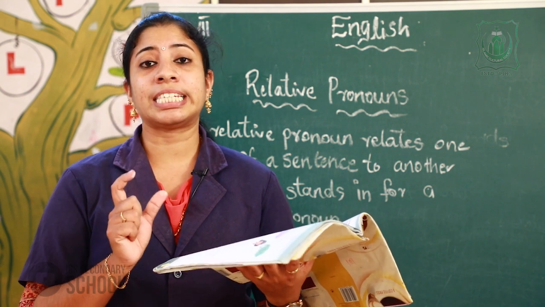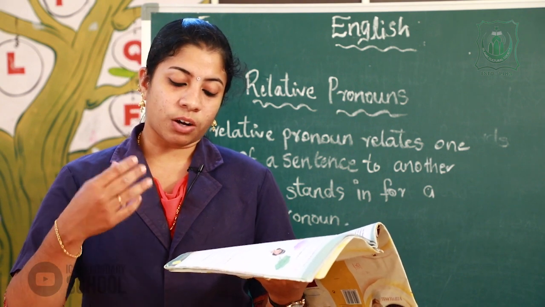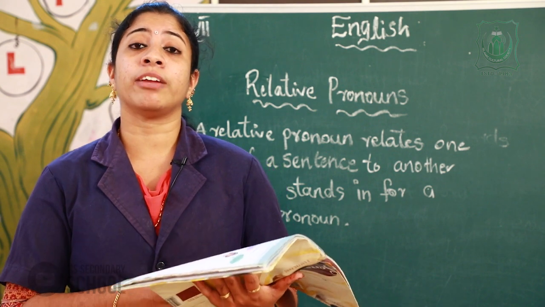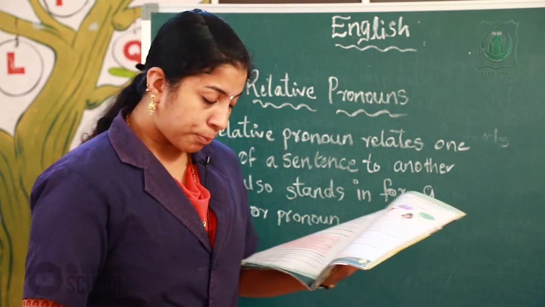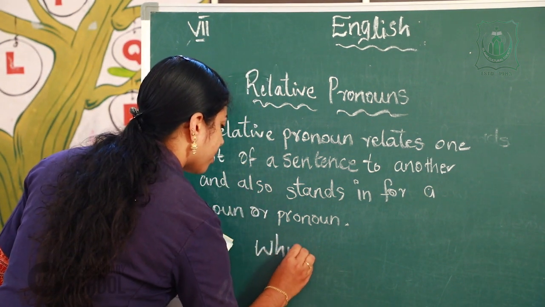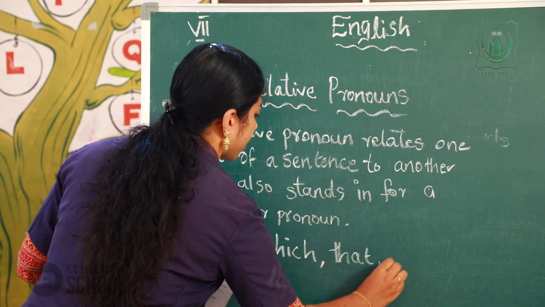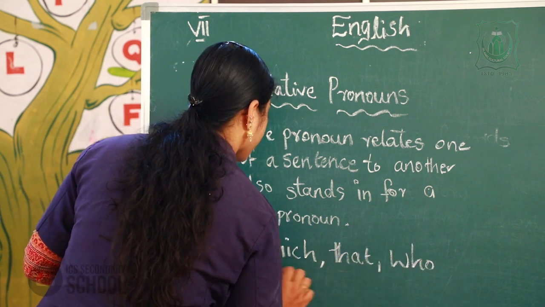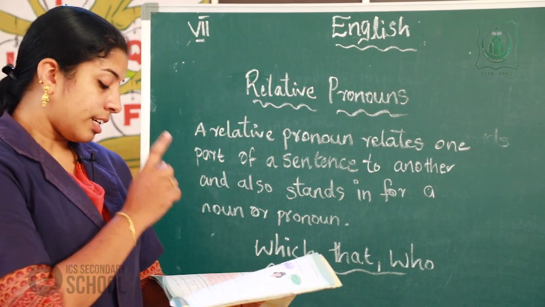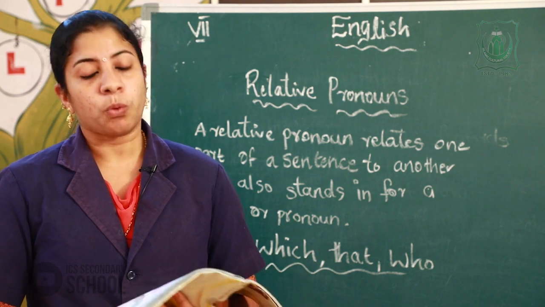So these italic words, which, who and that, are the 3 main relative pronoun words.